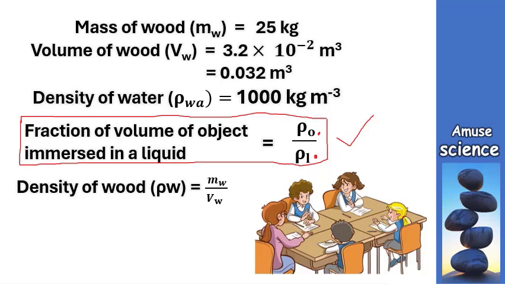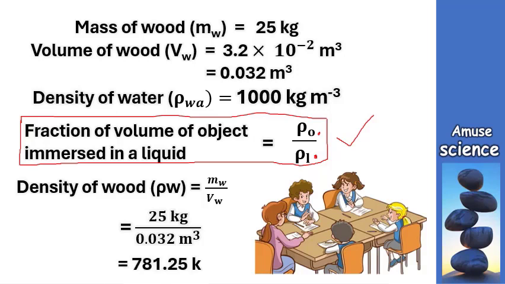Now let's substitute in the figures. We are going to get 25 kilograms divided by 0.032 cubic meters. When we calculate this using our calculator, we are going to get 781.25 kilograms per cubic meter. And this is the density of the wood.